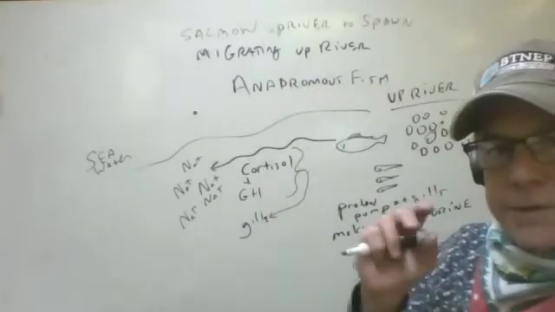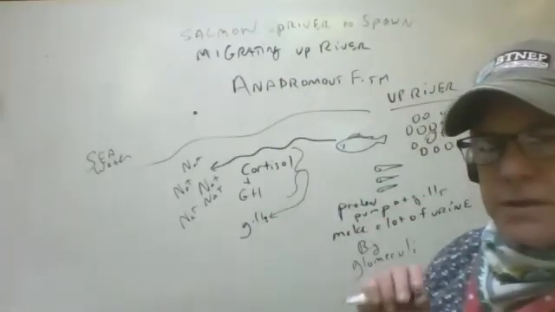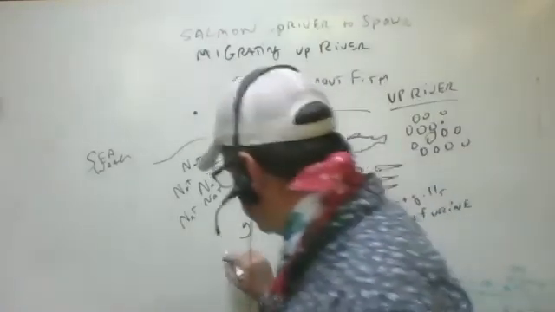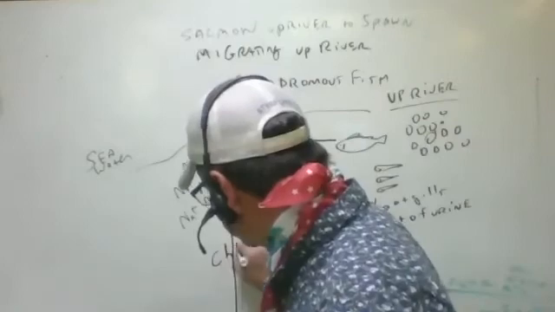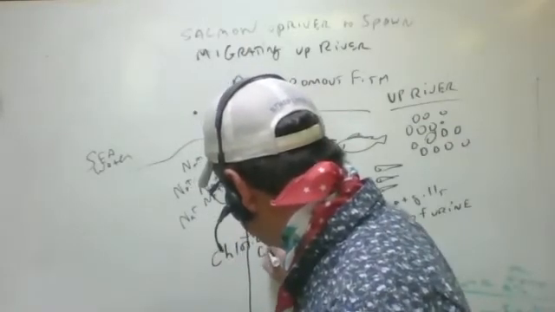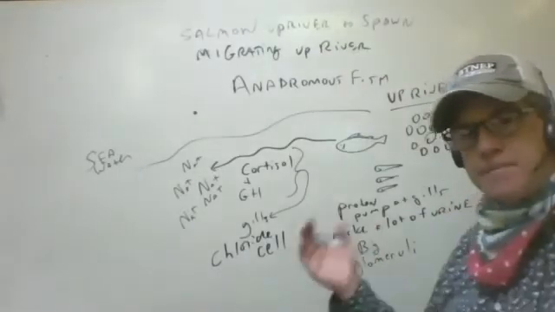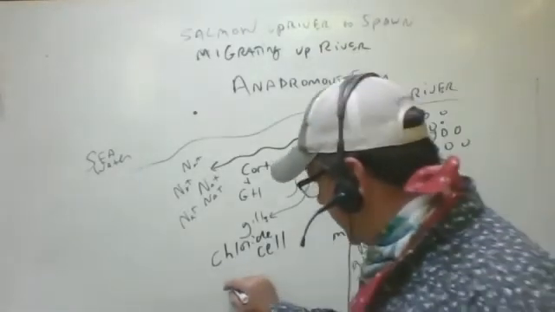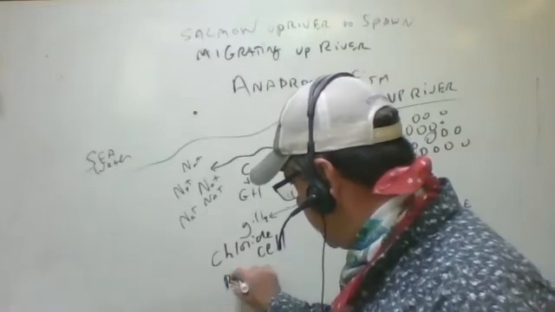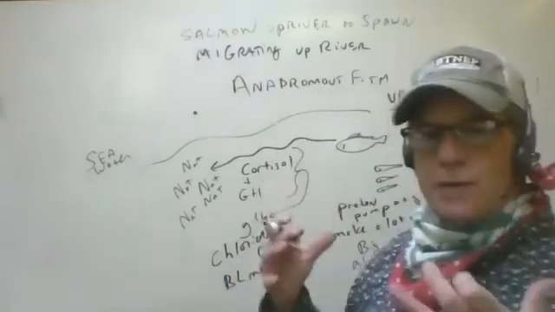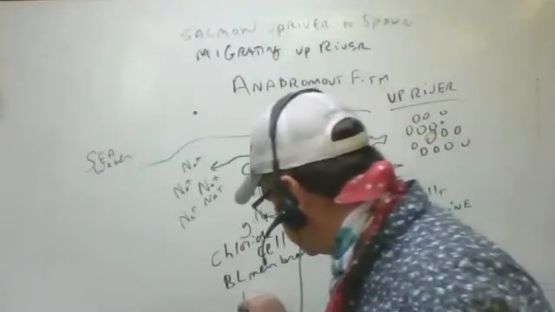If you take images of the gills, you see the cells of the gills begin to change, and you start to get a type of cell called a chloride cell. These chloride cells have a basolateral membrane that is chock full of sodium potassium ATPase.